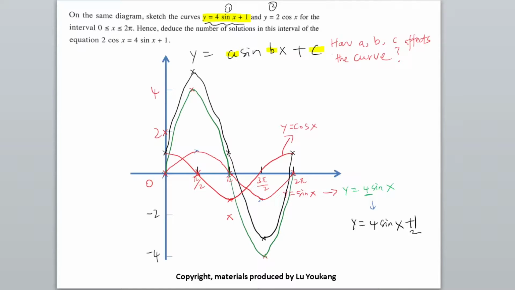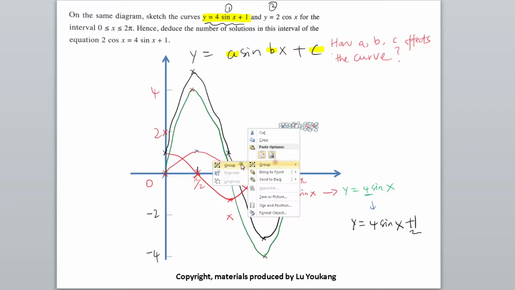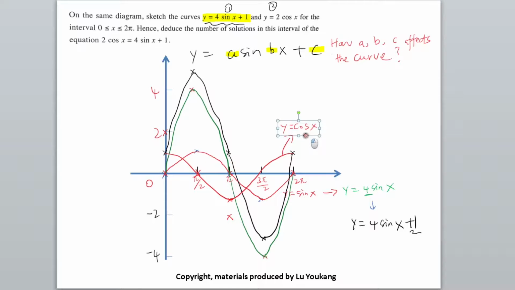So as you can see, my y equals cosine x is blocking me. So what I can do is shift it to somewhere that does not hinder me. With software, it's easy. I don't have to erase it, I just have to move it elsewhere.